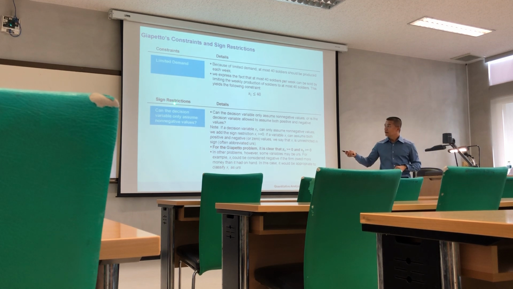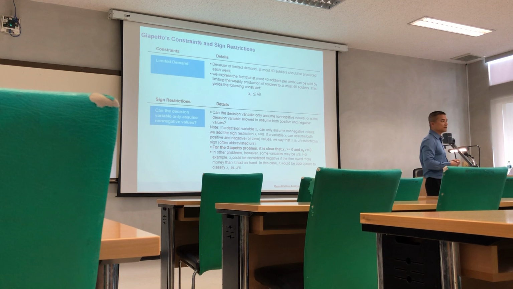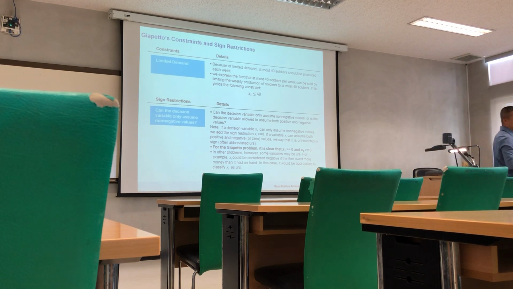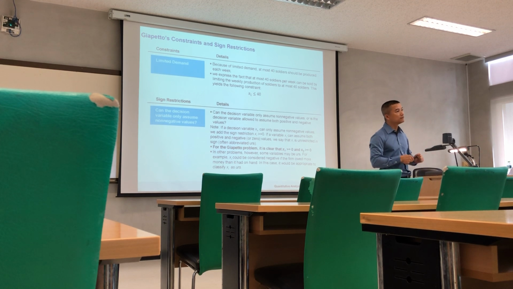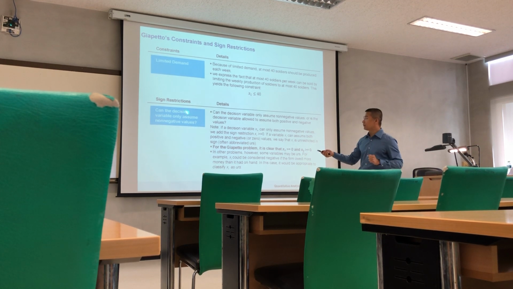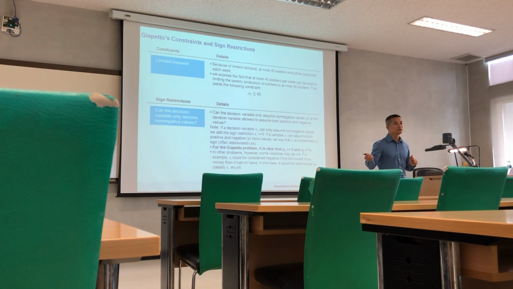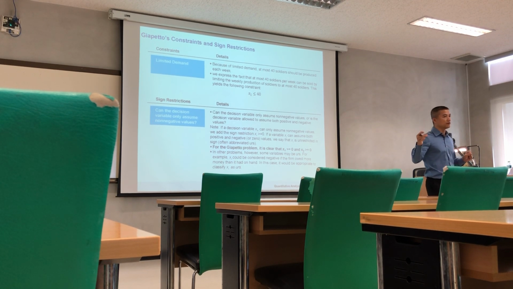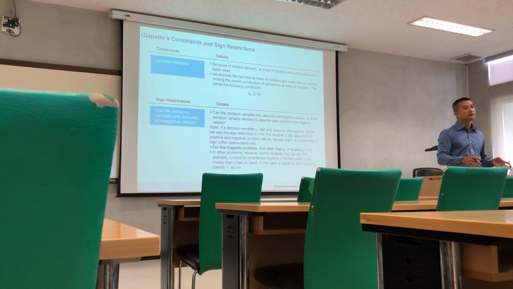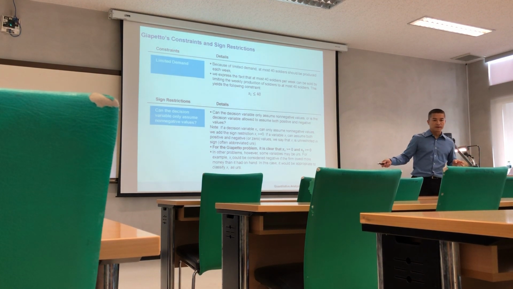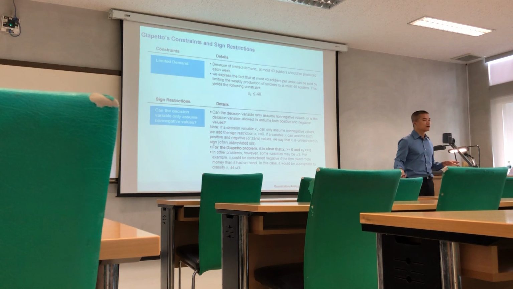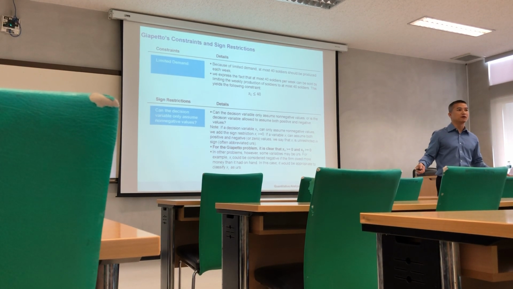And the next thing is the sign restriction constraint. This is also a very important constraint that you must have in your optimization model, because if you don't have this sign restriction in place when you put this model into computer programming, that will make the problem much more complicated and require much more running time in your computer.